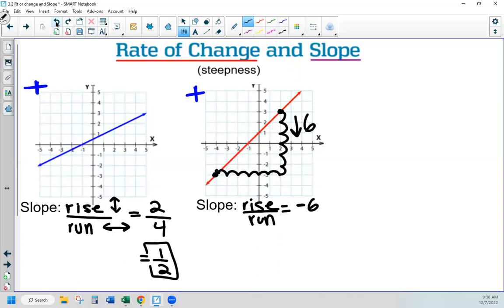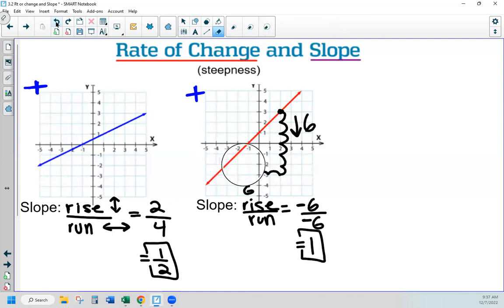I need to go 6 again to the left. That needs to be subtracting. Any number divided by itself is going to be equal to 1. Positive 1, because it's a negative divided by a negative. It's a positive.